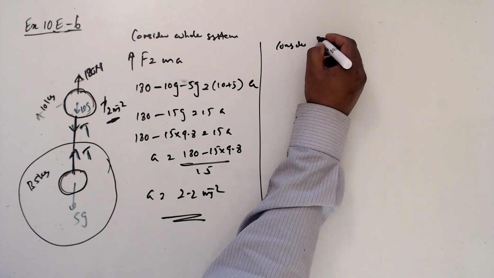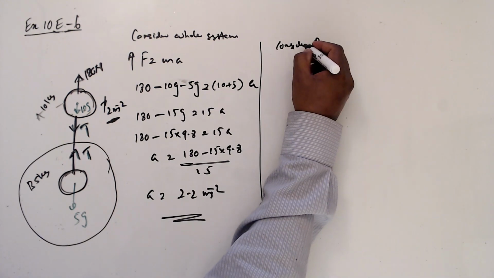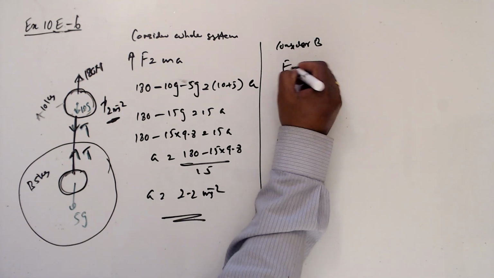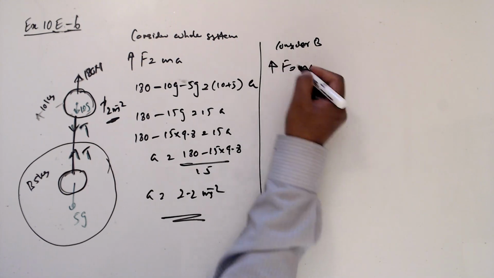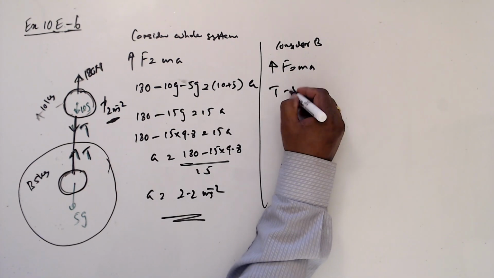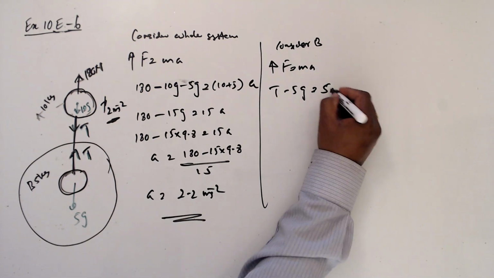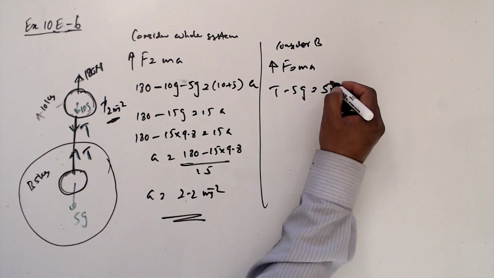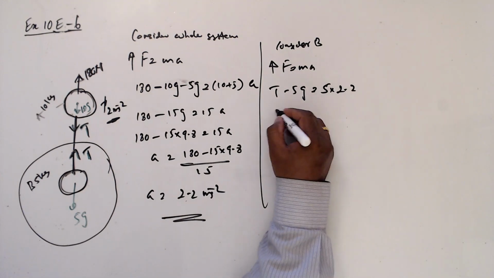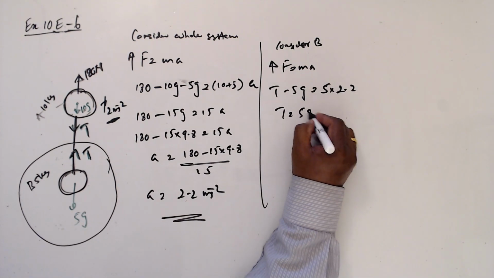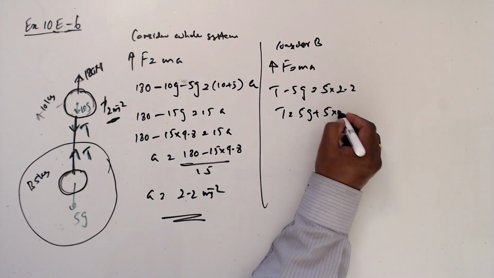Consider B. F equals ma upward. F is T minus 5g equals 5 times the acceleration we found upward, 2.2. So T equals 5g plus 5 times 2.2.